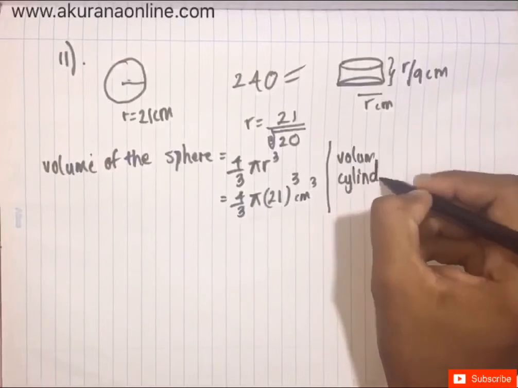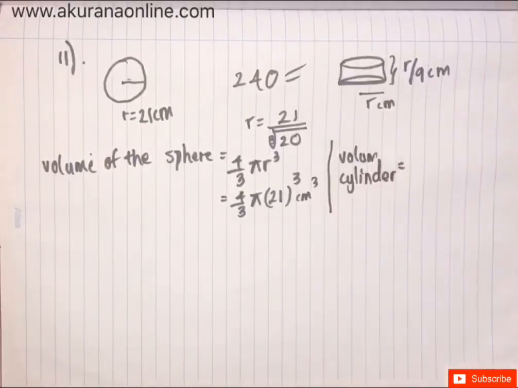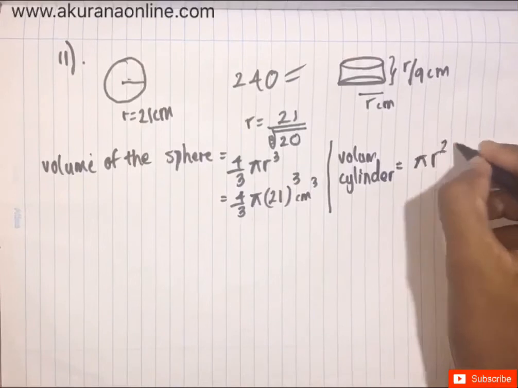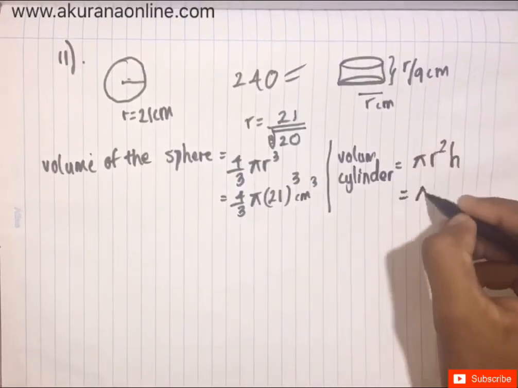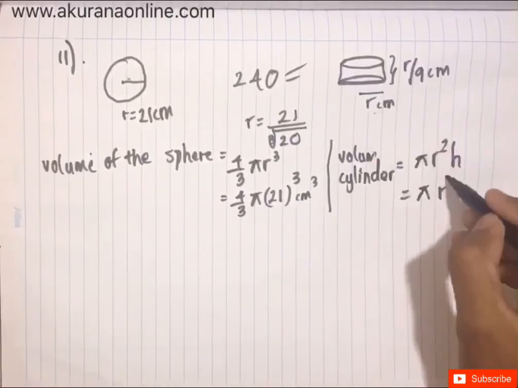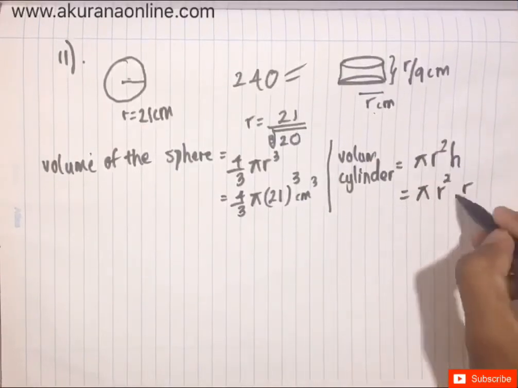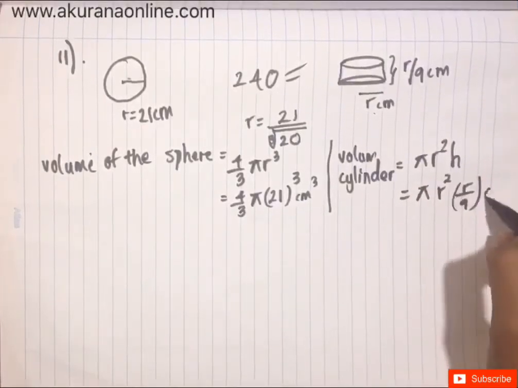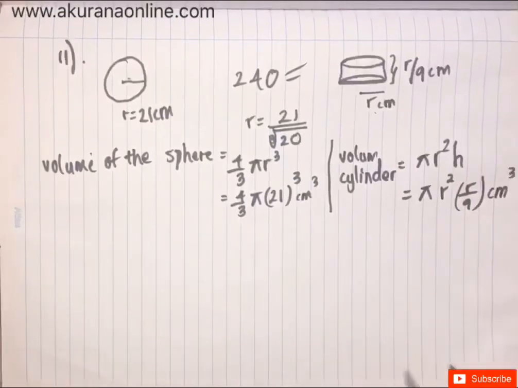What is the equation? The equation is pi r square h, right? Here you have pi, r is the same radius, r squared, h is equal to r over 9. Here also, since it's volume, you get centimeter cube.